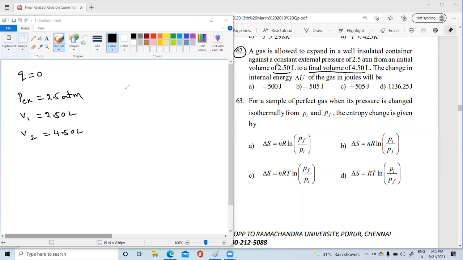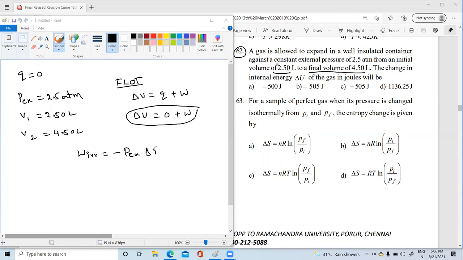According to the first law of thermodynamics, del U equal to Q plus W, right, students? In an insulated container, Q is constant, so 0, plus W. So work done we have to find here. Work irreversible equal to minus P external del V. So minus 2.5, and del V means V2 minus V1, so 4.5 minus 2.5.